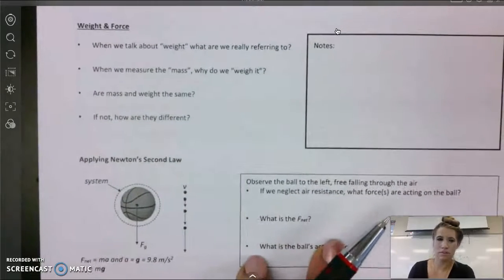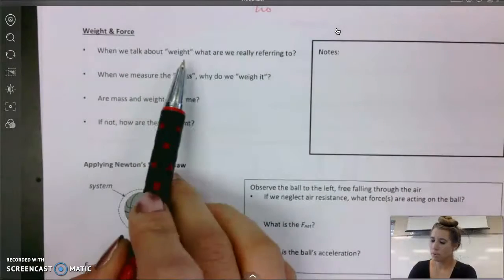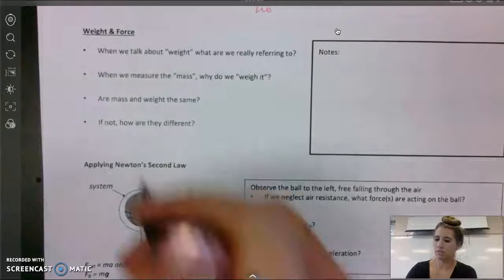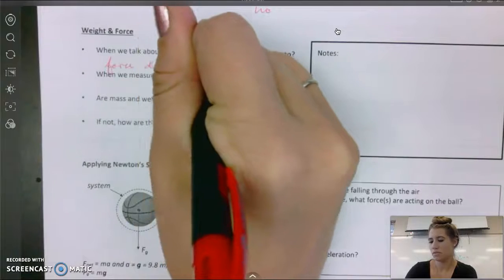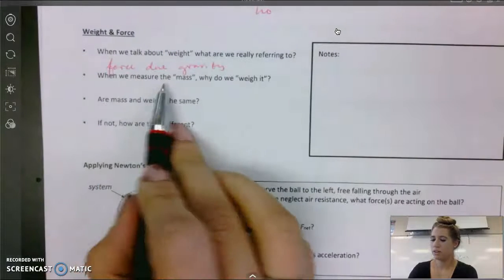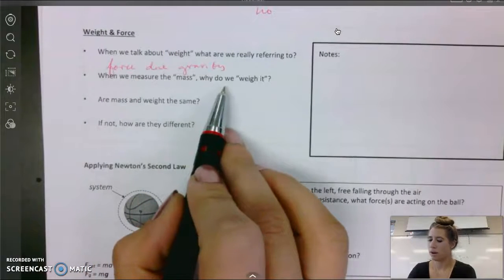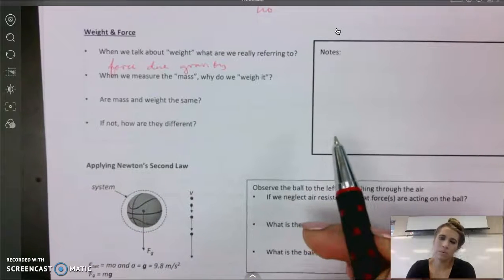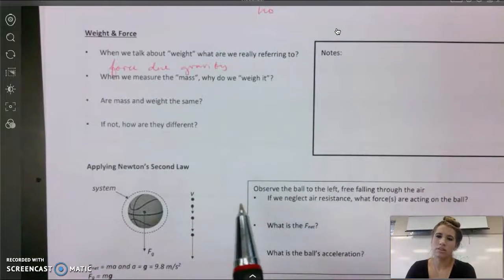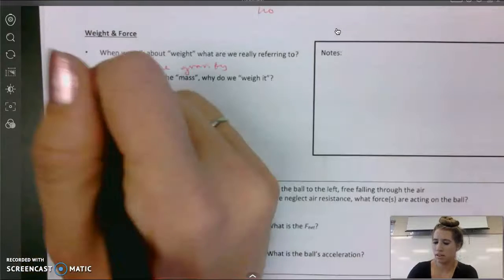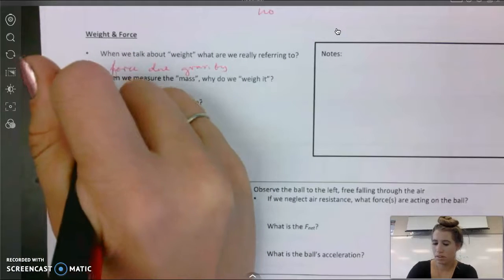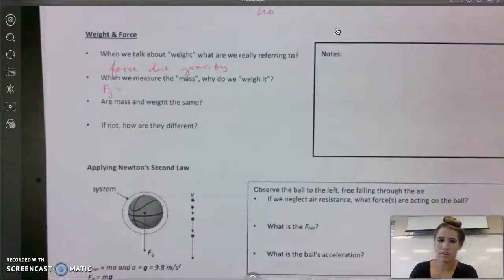All right, weight and force. When we talk about weight, what are we really referring to? We're referring to the force due to gravity. When we measure mass, why do we weigh it? Well, we weigh it because we're on Earth, and so we can have that constant force, that constant acceleration due to gravity, and so we can figure out the mass quite easily, meaning the force is the force due to gravity, whatever that might be.